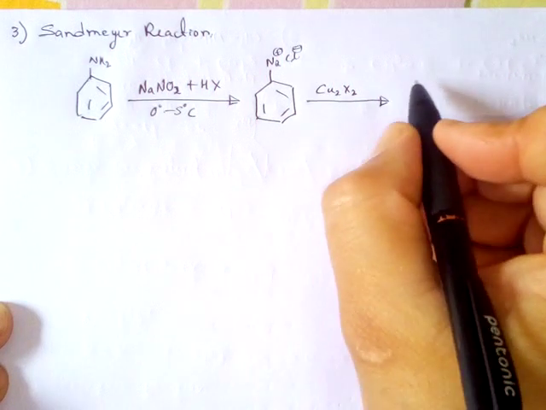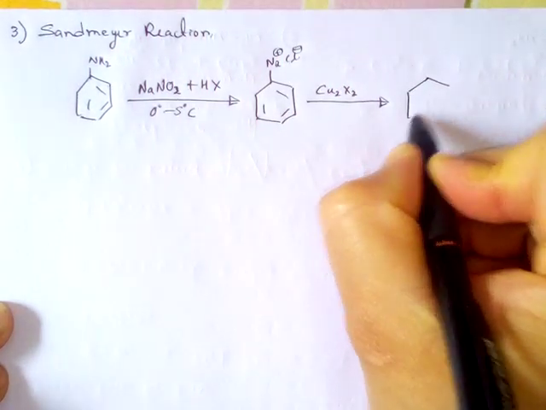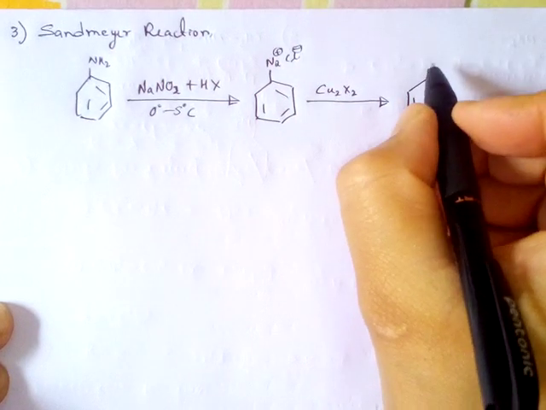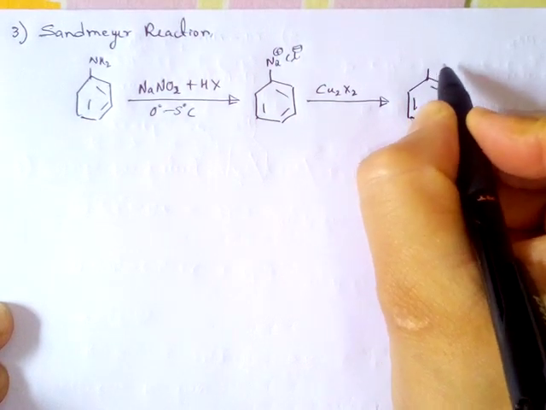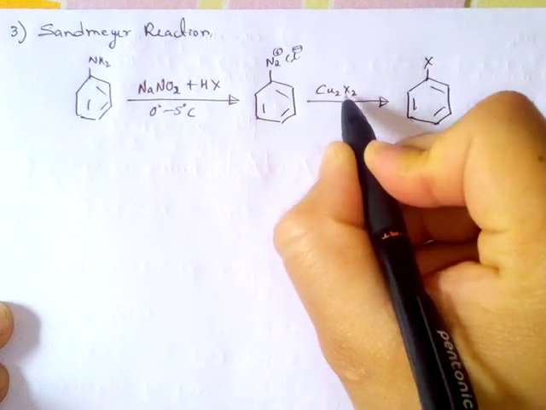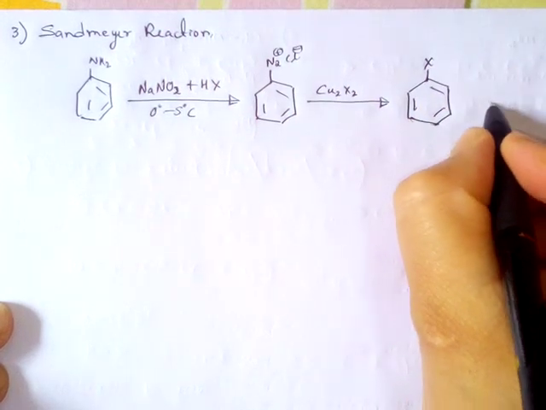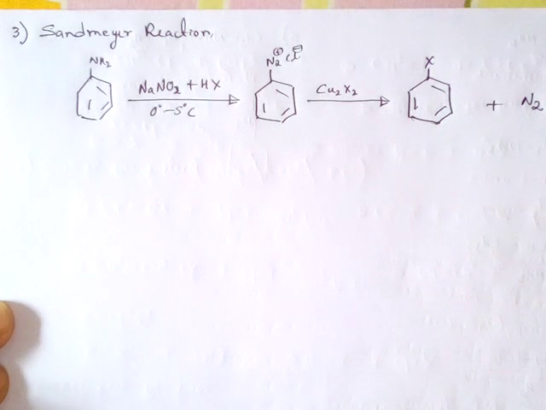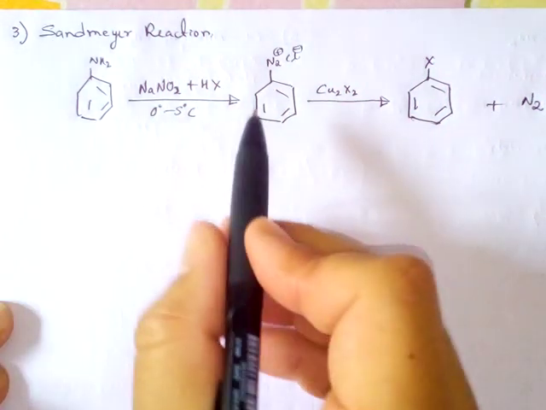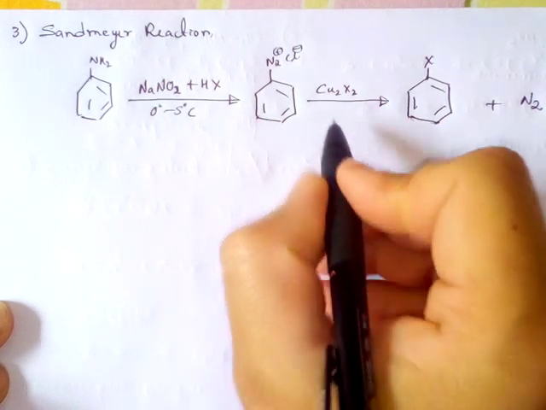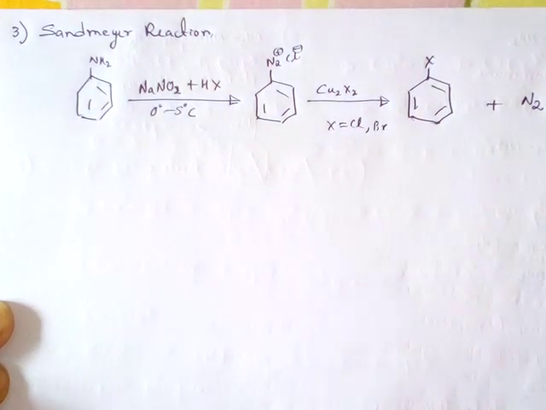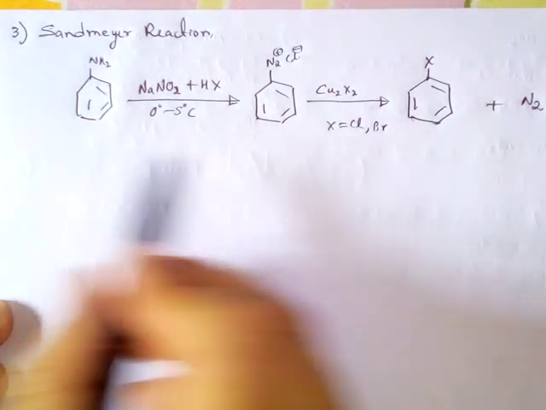Then benzene halide is formed, X will come, plus some side product will be released. Now this X has to be chloride or bromide. Remember, X has to be either Cl or Br. This is your Sandmeyer reaction.